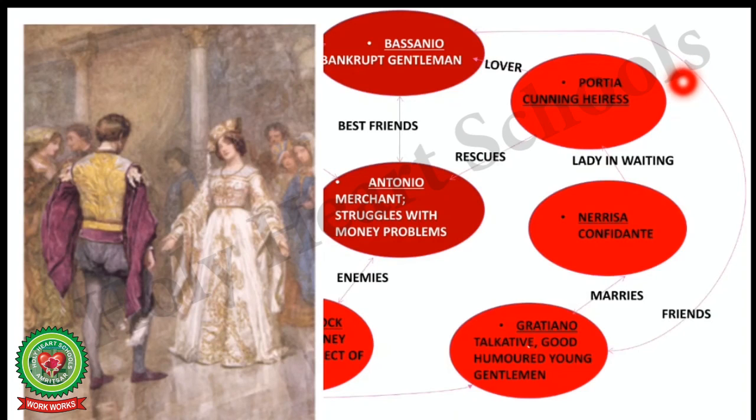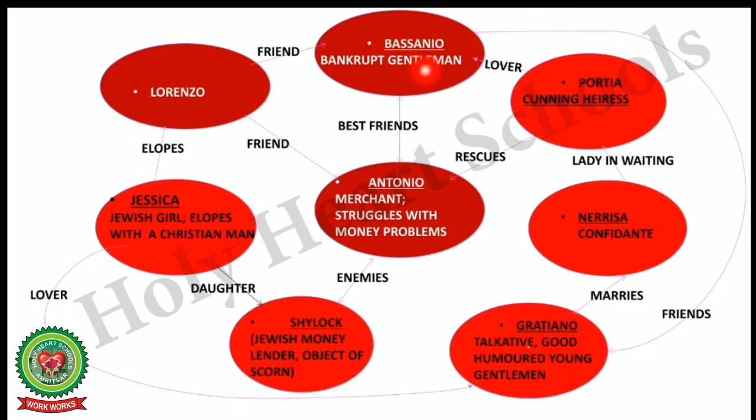Students, Portia is a rich heiress of Belmont, whose father on his death has devised a lottery of caskets, that is, if any suitor who will choose the right casket will marry her. So children, Bassanio wants to go to Belmont to woo Portia.